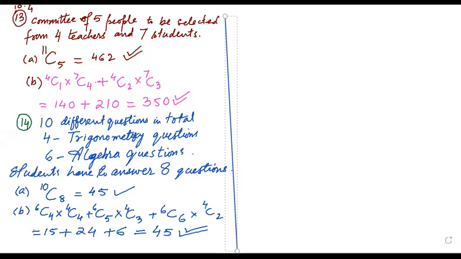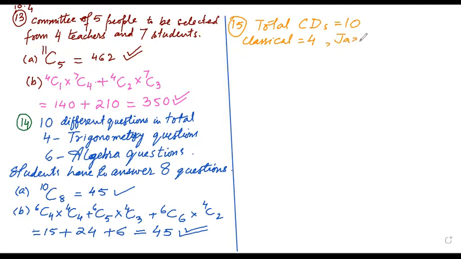Total CDs 10, and classical CDs are 4, and jazz CDs are 3, and rock CDs are also 3.